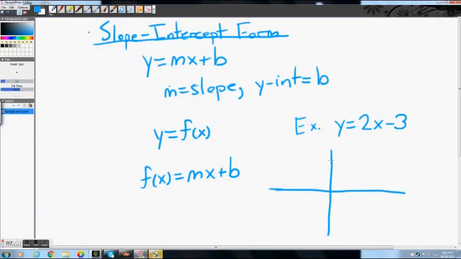So, to graph this line, let's start with the x value 0. When evaluated at 0, this function takes on the value negative 3. So the point is 0, negative 3.